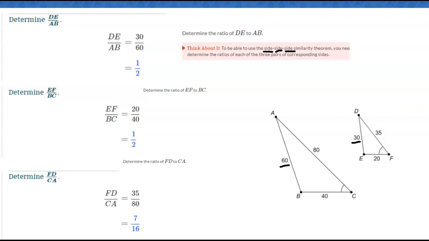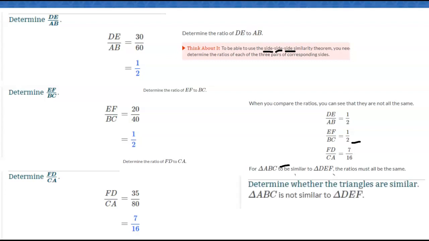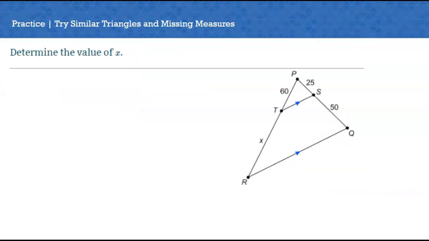When I simplify that down, 35 over 80 is equal to 7/16. When you compare the ratios, you can see that they are not all the same. For triangle ABC to be similar to triangle DEF, the ratios must all be the same. So we can safely say that triangle ABC is not similar to triangle DEF.